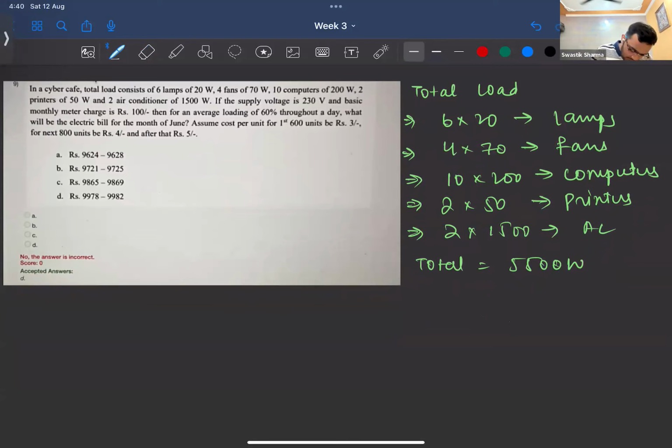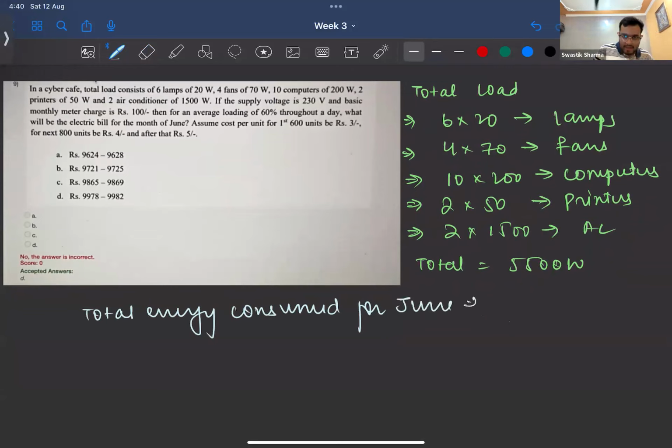So can you tell me what's the total energy consumed for the whole June? It's saying that for a day, it's only consuming 60% of the total load, right? There are a total of 30 days, so I've made it easier for you. Can you tell me the total energy consumed for June? Yeah, it's 3300 kWh, right?